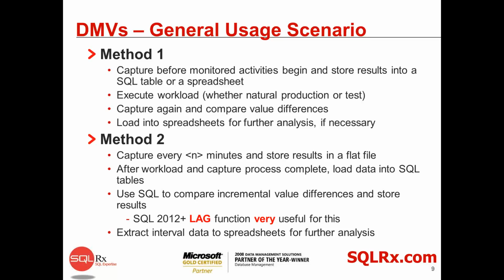I think I misspoke before, and I said LAG came out in 14. I'm sorry, it came out in 12. So extract interval data, and then you take that data and dump it into spreadsheets, and then you can graph it and do whatever you want with it.